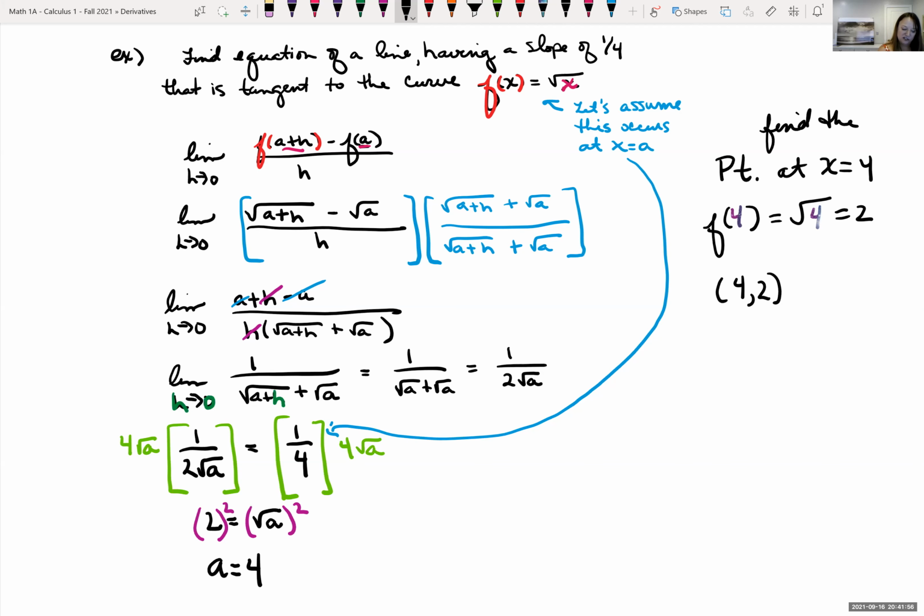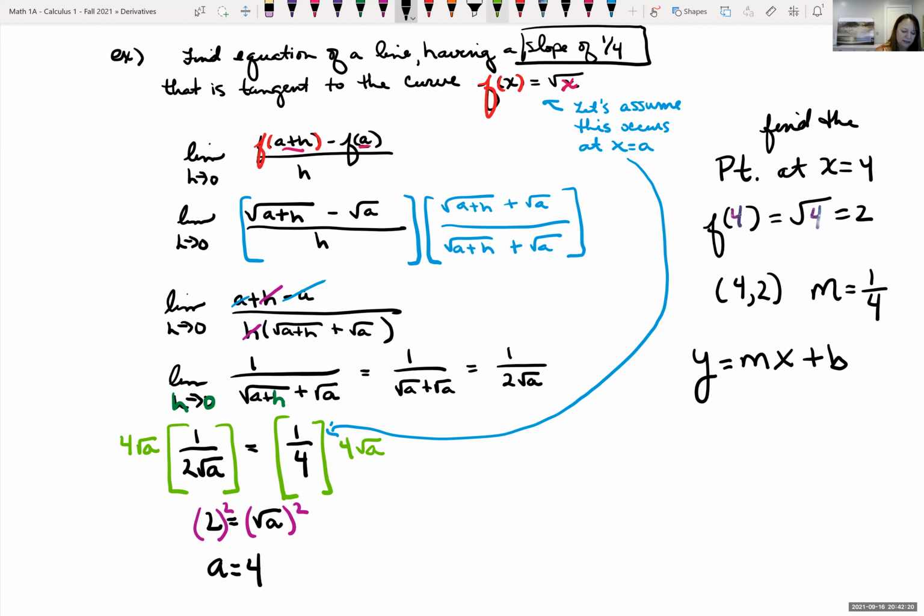It gave us what our slope was. Our slope is 1/4. We just had to figure out what point that was at. And so now we can find the equation of the tangent line. You can use your point-slope formula or plug it into your slope-intercept form and find out what b is.